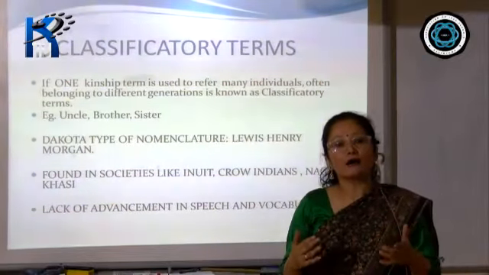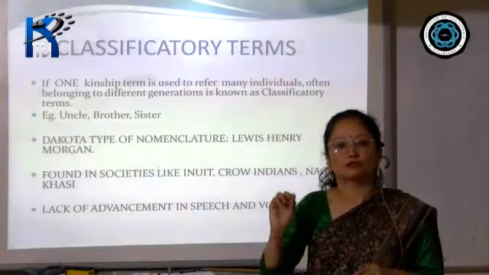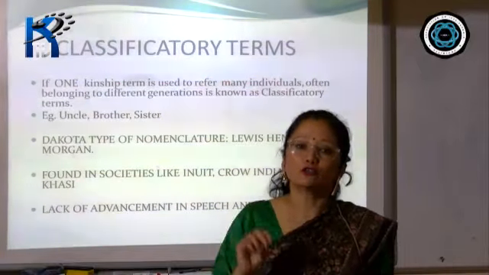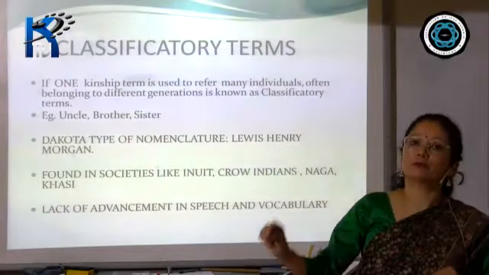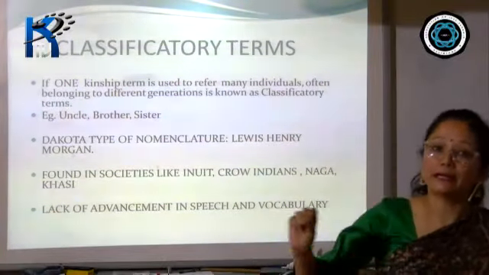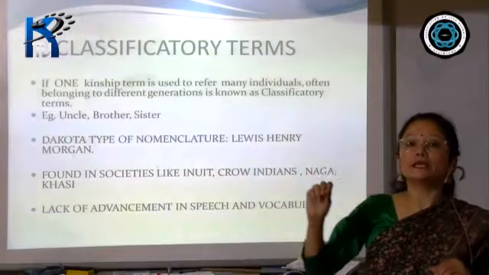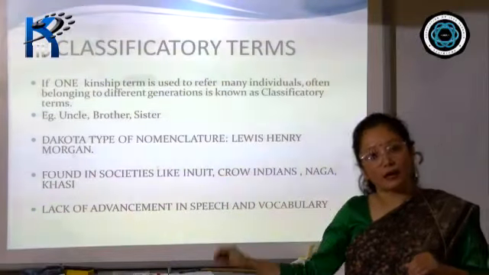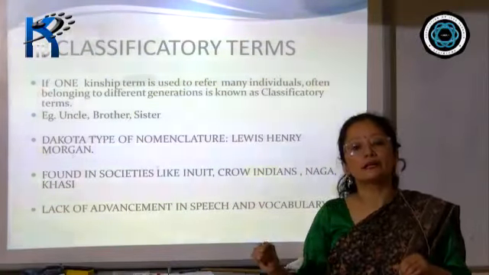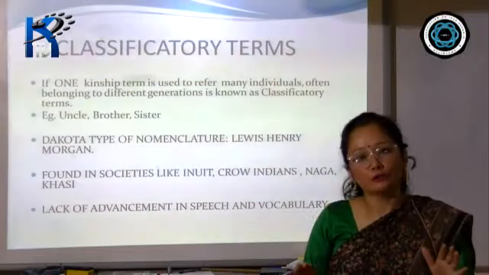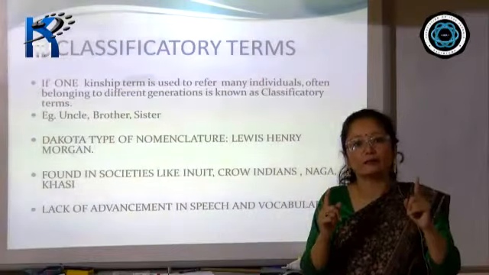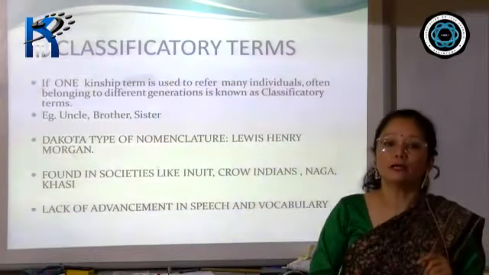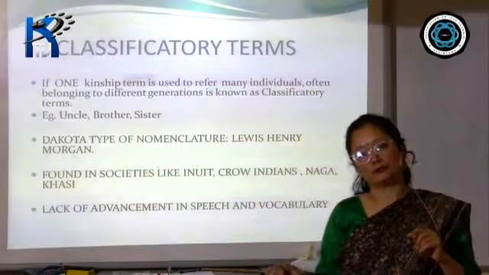But which uncle am I referring to? That is not clear. It could be your father's brother, your mother's brother, your neighbor next door, or your mother's younger brother. It's not very clear, but you are going to use one term, that is uncle, to address many individuals.